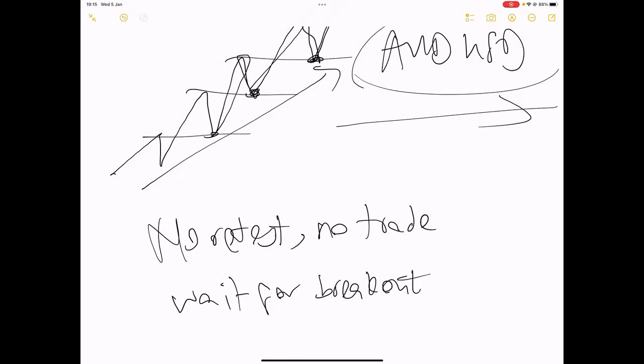Simple instruction. Wait for breakout. No retest, no trade. So yeah, wait for breakout and retest, then buy the retest. Simple. It's not hard at all.